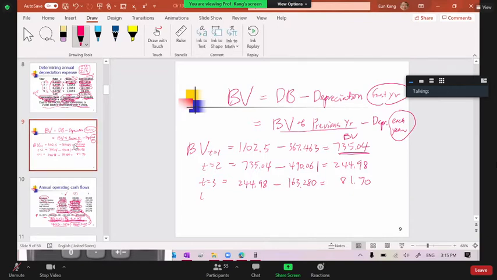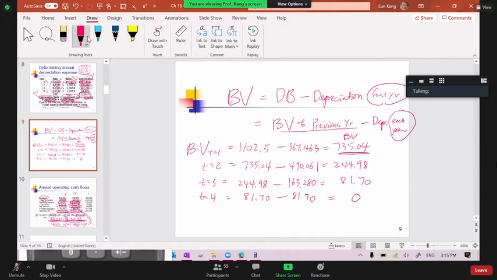Then t equals 4 is simply 81.70 minus last year's depreciation, 81.70, which is 0. No, sorry, the other way around: 81.70 minus 81.70.